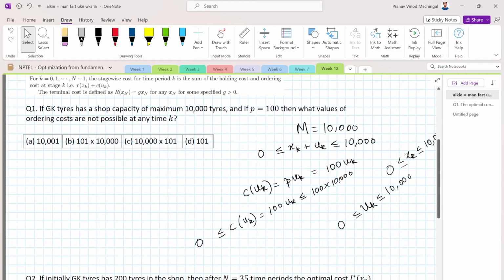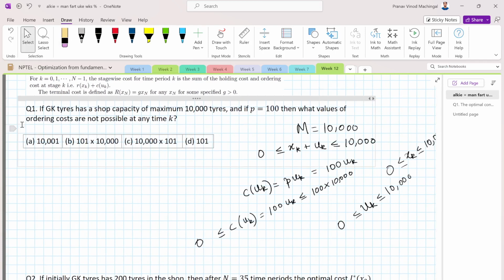So you can see this A is between, so this is possible. This is 101 into 10,000. So this will be greater than 100 times uk max, that's 10,000. So this is not possible.